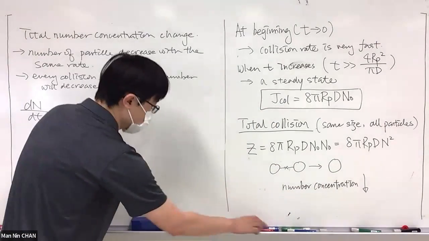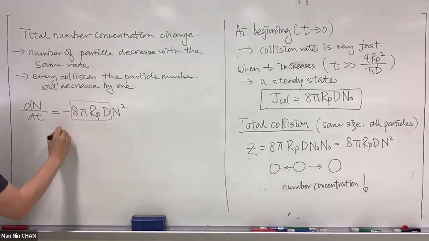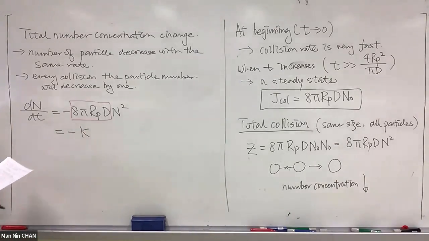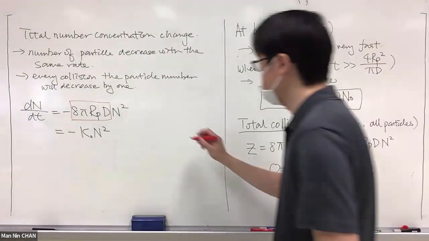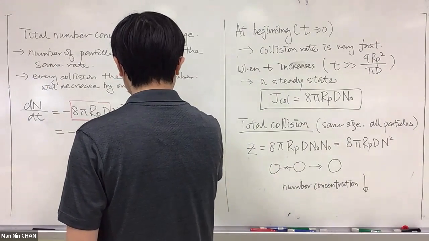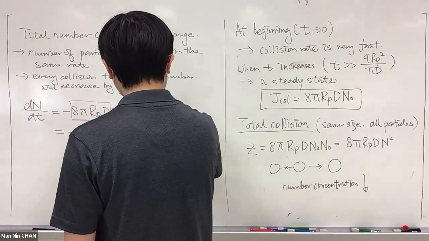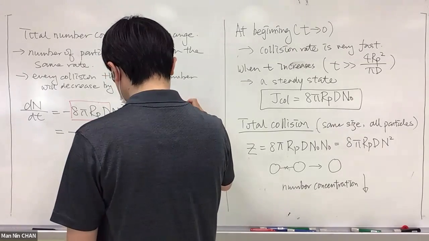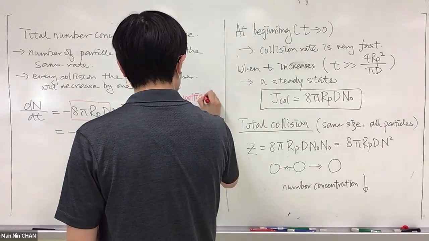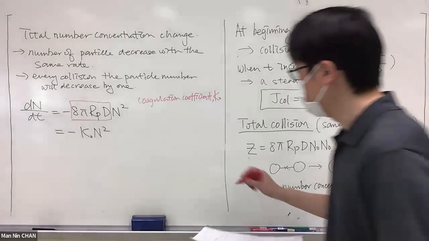Here, usually people will group some of these terms and then write it in this form. They apply a term they call the coagulation coefficient K0.